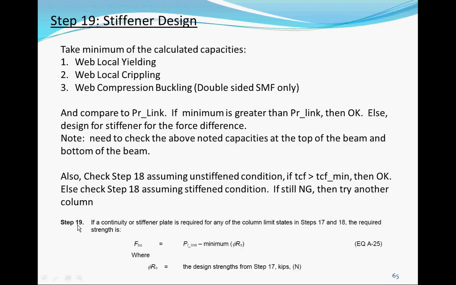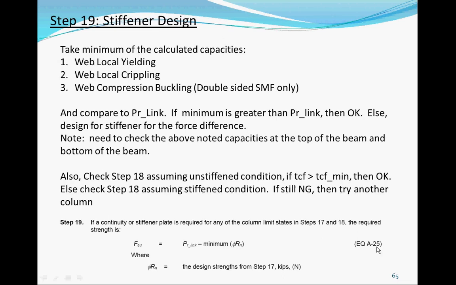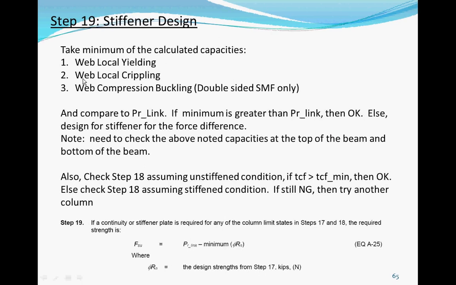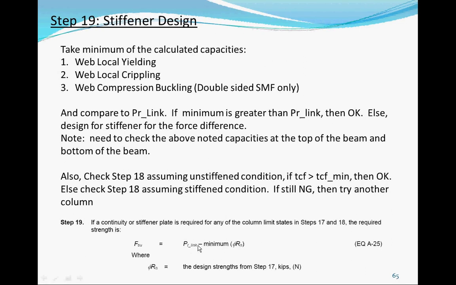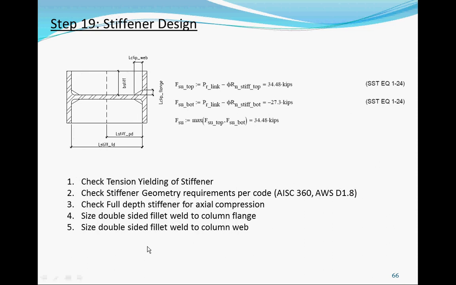Okay, step 19. Here is the design directly from the code report, the equations. You take the PR of the link, subtract the minimum of the VRN, and the minimum of the VRN is the design strength from step 17, which is all these capacities. So you subtract that out to get your FU. For your stiffener design now, this is an example.